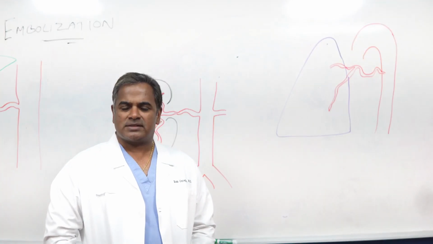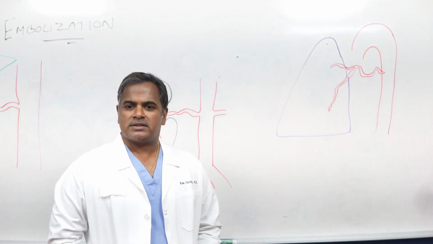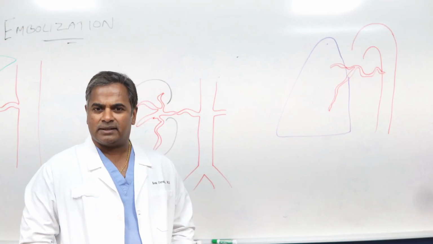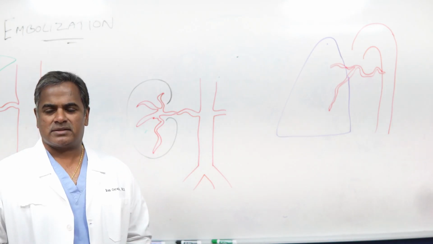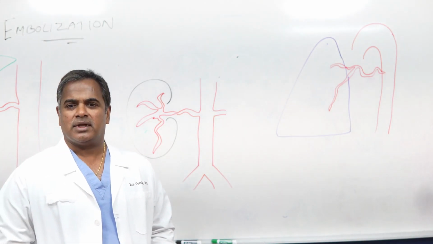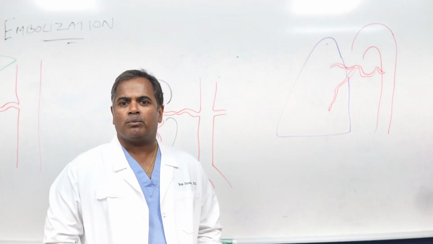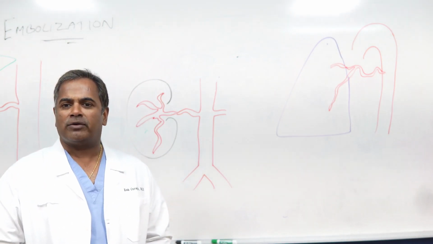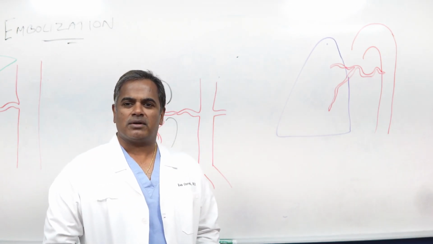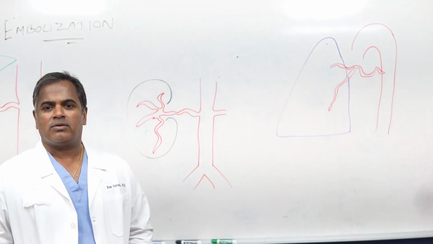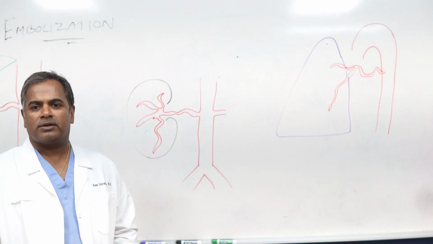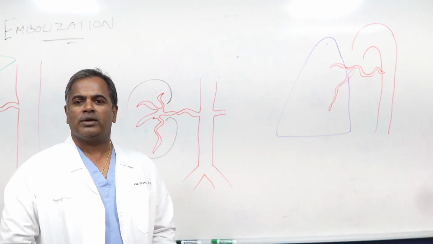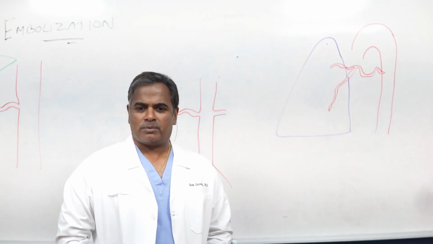Different types of agents used for embolization include particles, coils, or some that are liquid based. Just for an example, a common condition most people know, uterine fibroids. These respond well to embolization of the blood vessels which supply the fibroids, and what we do is block off the blood supply to the fibroids.